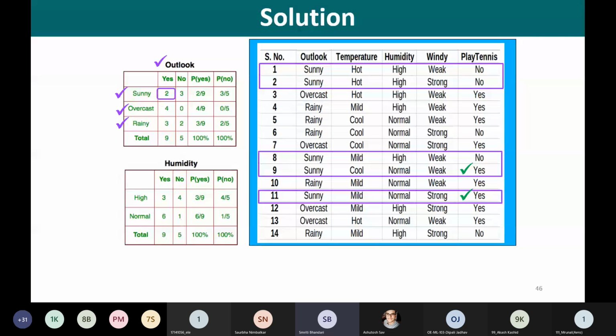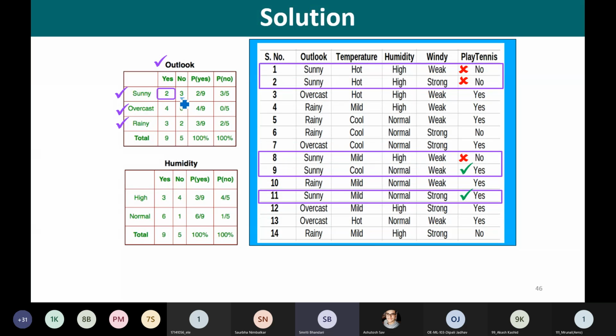Similarly, we have 3 instances for which the play tennis value is no and the outlook value is sunny. So we have this number over here, 3 for sunny, no.